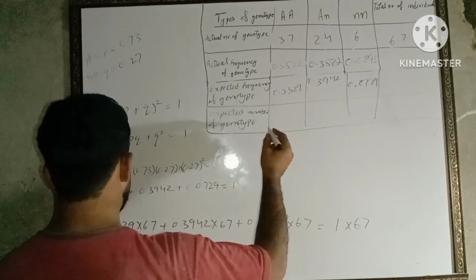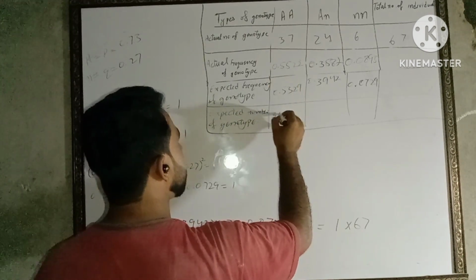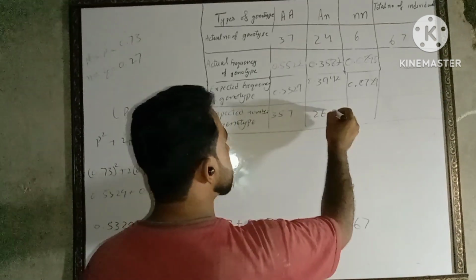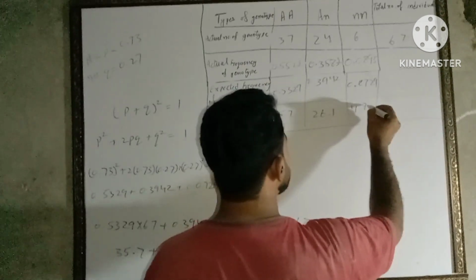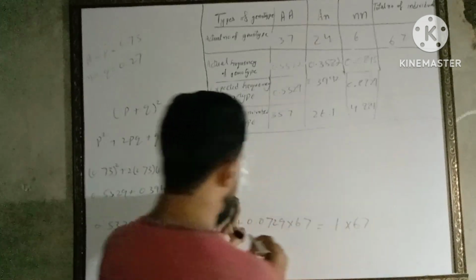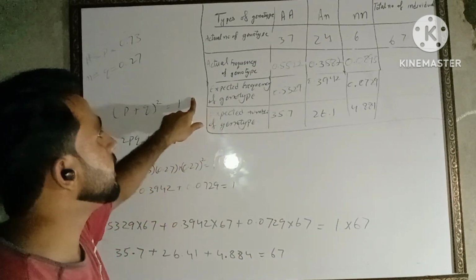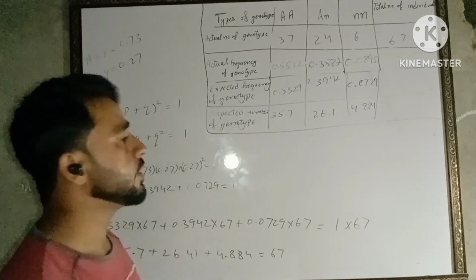Okay, the expected number of the first genotype is 35.7, and the other is 26.1, and the other is 4.884. Now we have found the expected frequency of genotype and the expected number of genotype.